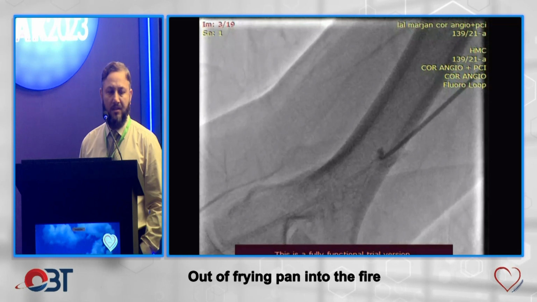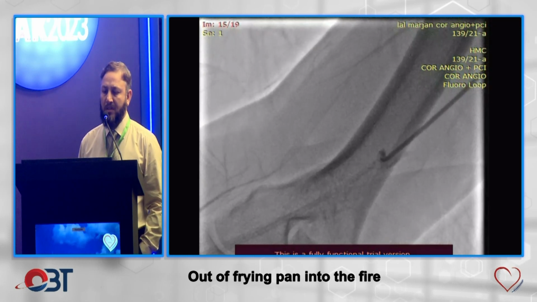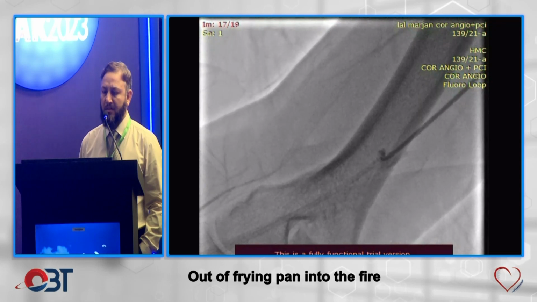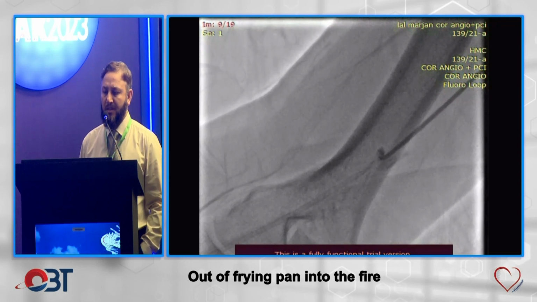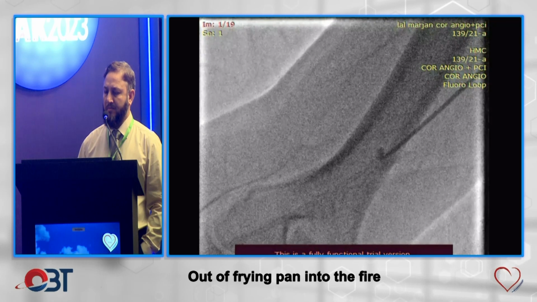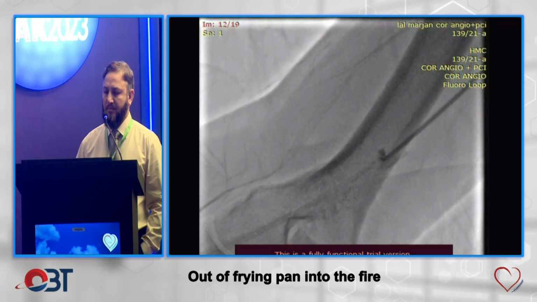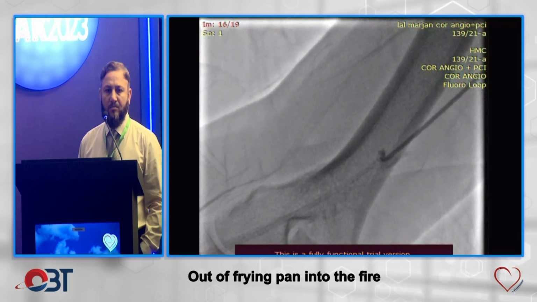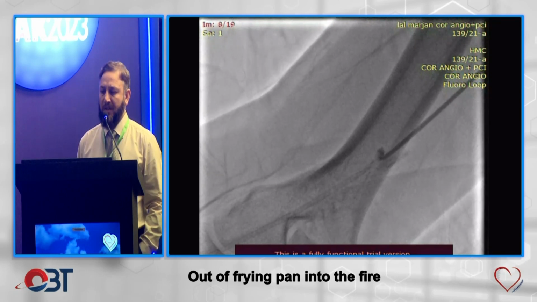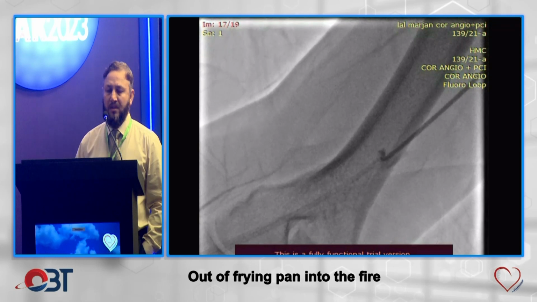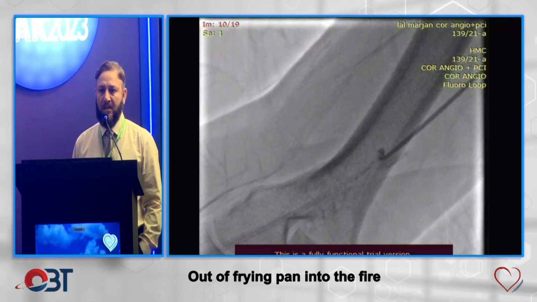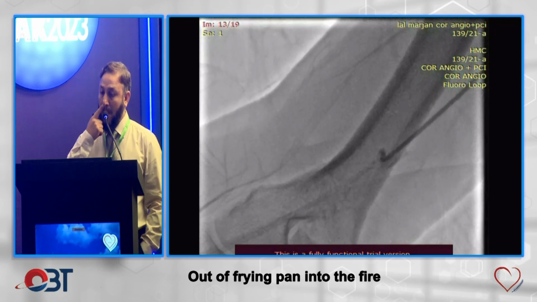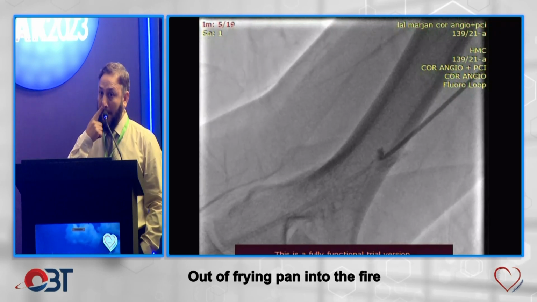We can see that this Tiger 2 catheter has kinked at the level of the brachial artery, and with further manipulation it got completely fractured. Can anybody comment at this level on what could be the cause and how we can prevent this phenomenon?